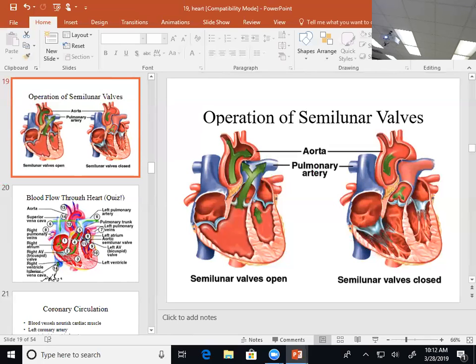So people will mistakenly label right and left wrong, and they'll mistakenly not know which are veins and arteries. On a nursing exam, the question was written incorrectly. The question was asking which vessels carry oxygenated blood, arteries or veins?